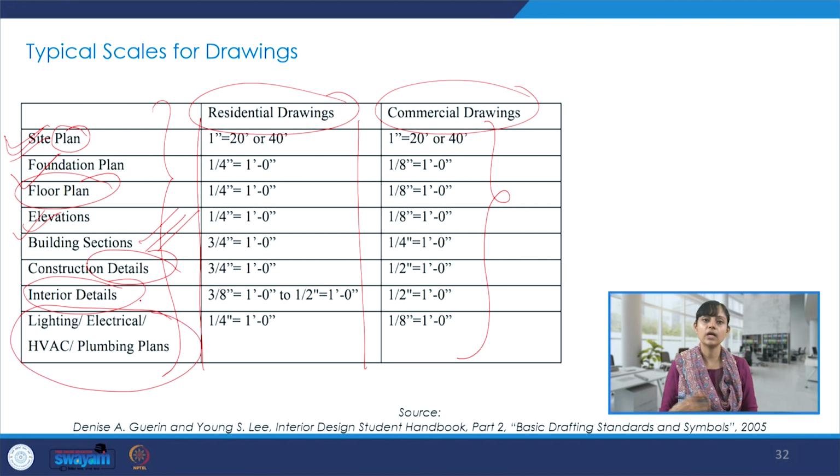So you have your lighting, plumbing, electrical, air conditioning, heating, ventilation drawings, etc. And then we could use these kinds of scales to represent them. It could be a customized scale also, but this is a baseline set pattern.